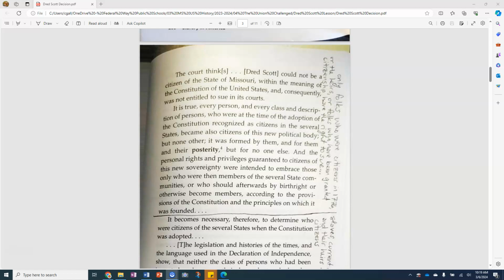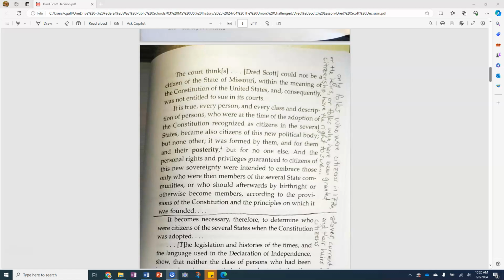And that's that last paragraph, right? And they say everybody who lived here at the time of the adoption of the Constitution. So again, we're talking about the 1780s, about 80 years earlier, okay, were recognized as citizens of the several states. So if you were a citizen back then, you can be a citizen now.